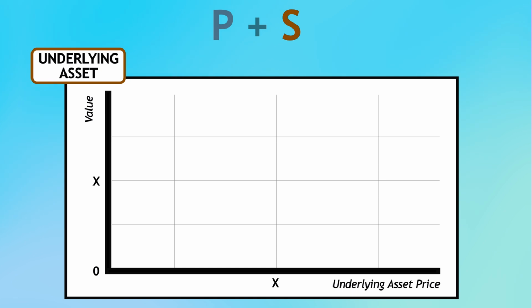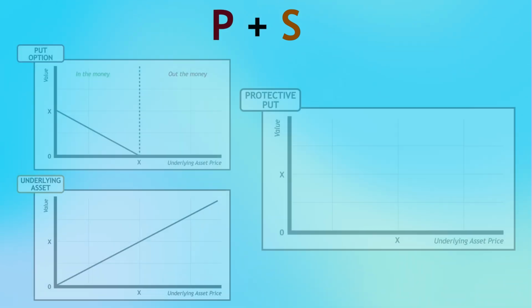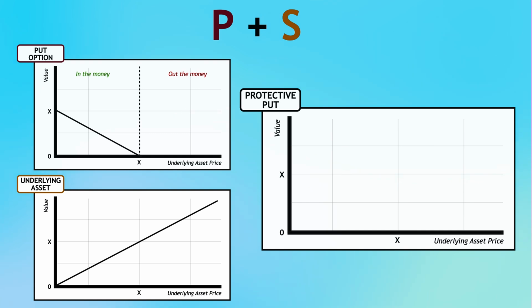Next is holding the underlying asset. For this case, the payout will be exactly the same as the value of the asset, given that they are the same. We can now plot the value of the protective put when combining the two instruments. It can be seen that when the underlying asset value is low, the put option has the most value.